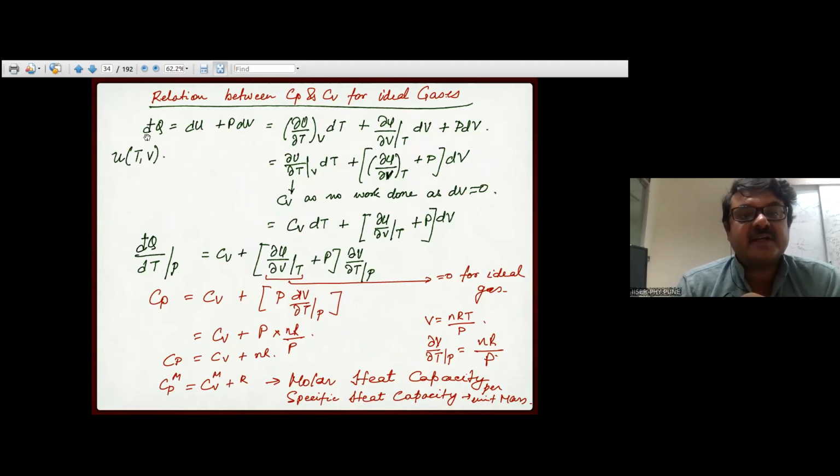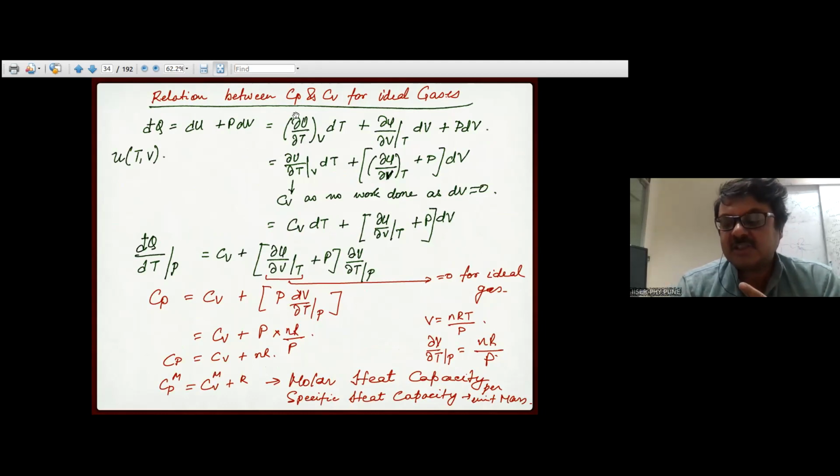In general, you can write dQ equal to dU plus PdV. This is the first law. And you are expressing it in terms of T and V. Why T and V? Because you want a relation between Cp and Cv. So you want dU/dT, if you like.